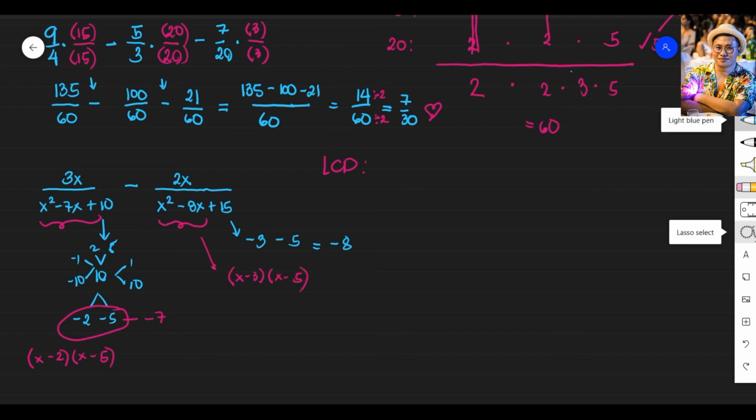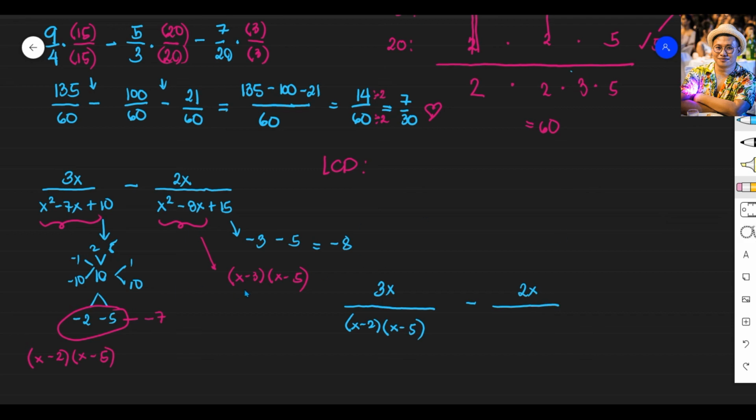Okay? So we are going to rewrite the given, guys, having the denominators as factors. So we have 3x over x minus 2, x minus 5, minus 2x over the factored expression, x minus 3 times x minus 5.